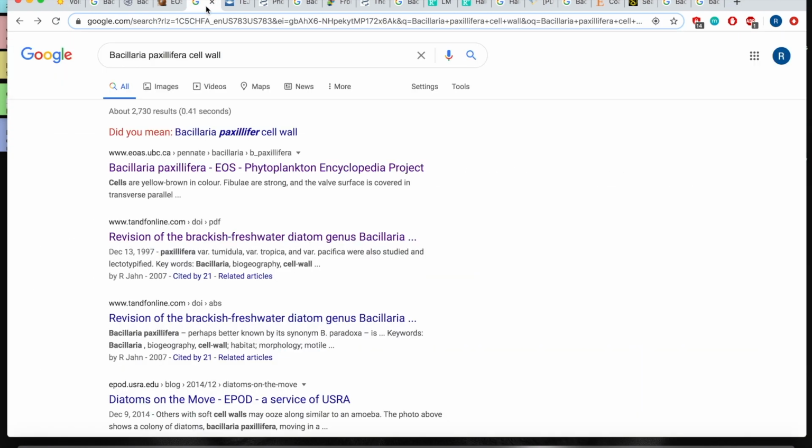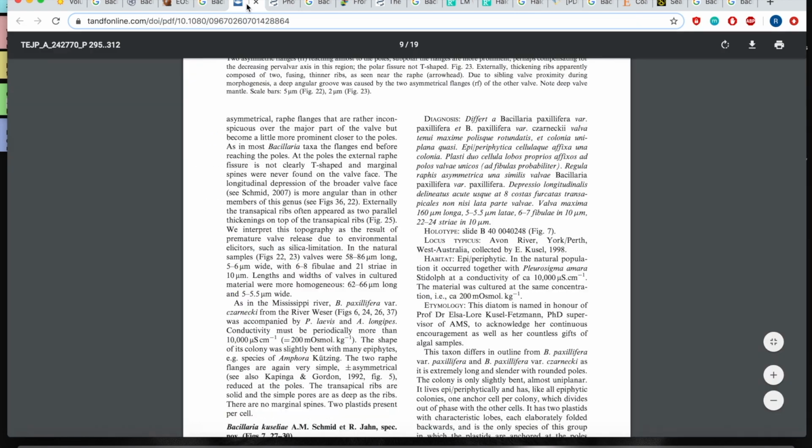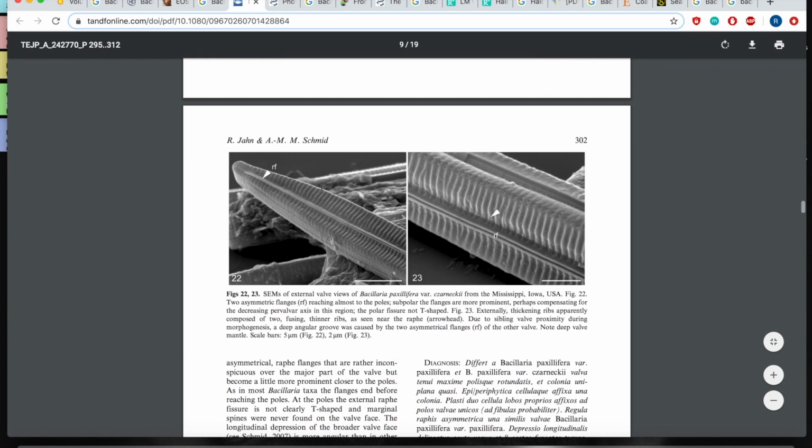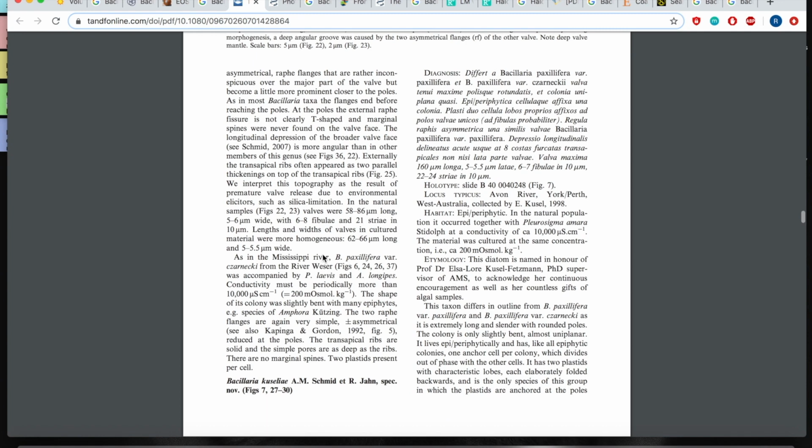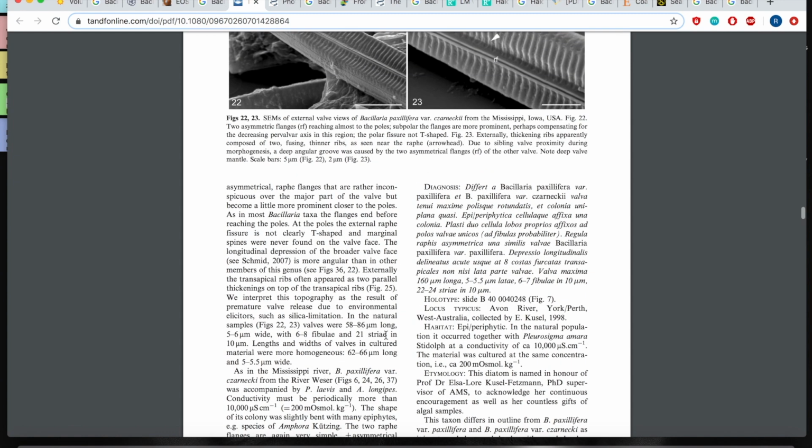Next, I start specifically Googling the aspects that I'm looking for. So here I added cell wall. And I found this article from TNDEF Online, this study, from which I saw that there were no secondary structures, there were no bristles, there were no spines, so I annotated no for secondary structures.